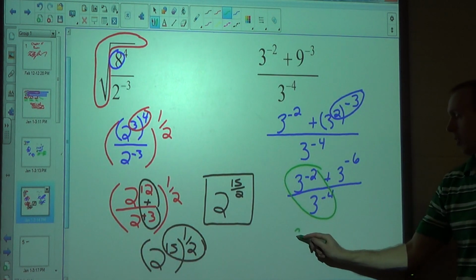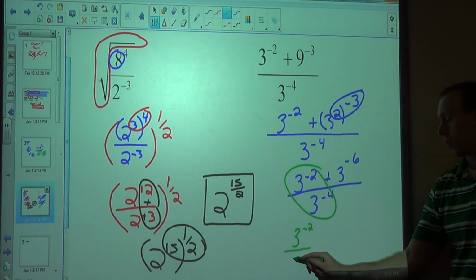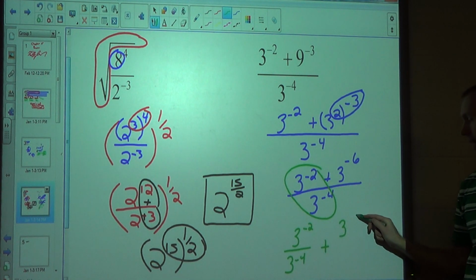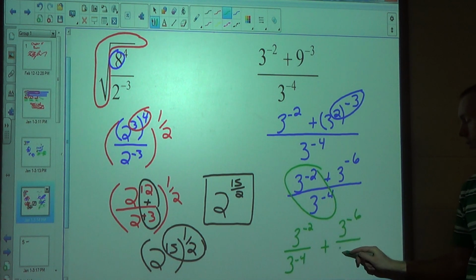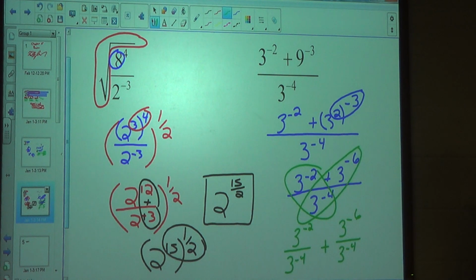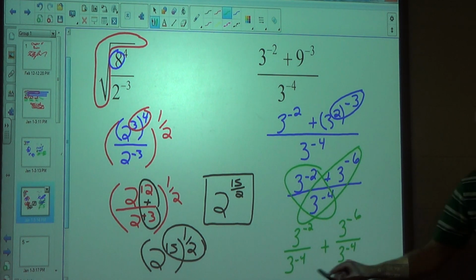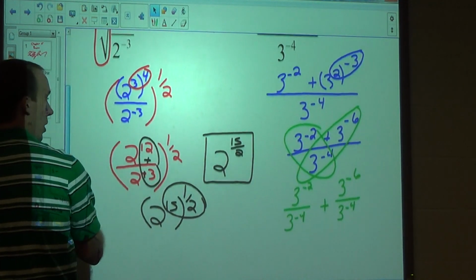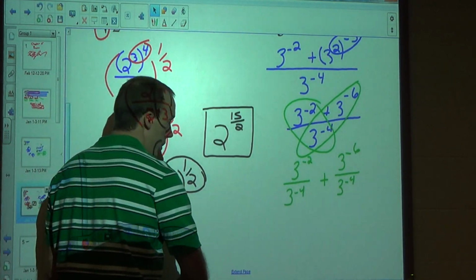So it would be 3 to the negative 2 over 3 to the negative 4, and then 3 to the negative 6 over 3 to the negative 4. So when I split that into 2 separate fractions, and then from here, if you like to flip things around and move them, what could I now do?